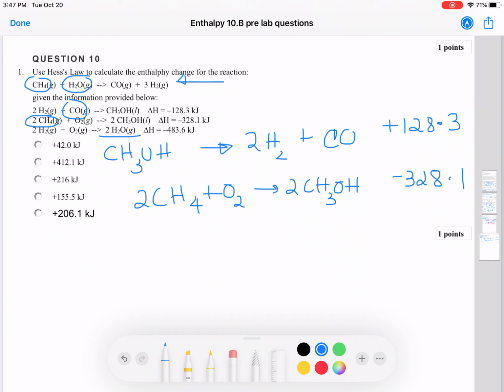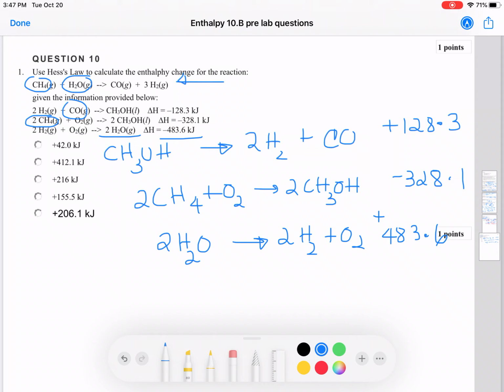So here water is a product, so we need to reverse it to make it a reactant. So we're going to reverse it: water decomposes to give you 2 hydrogen and oxygen. Since we reverse it, negative 483 will become positive 483.6.